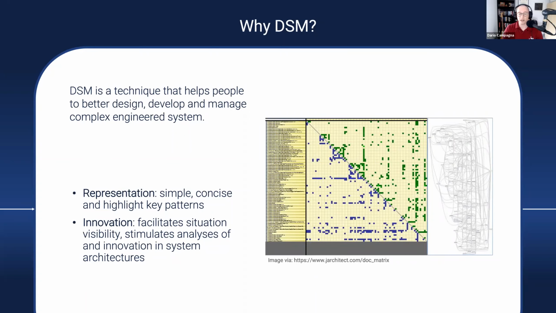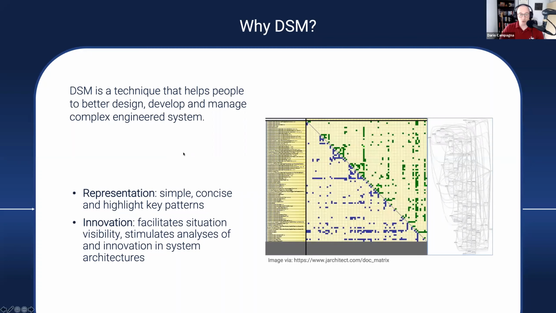At MIT, they started looking at it in the 90s, and it is now considered a technique that helps people to better design, develop, and manage complex engineered systems. So it's primarily used in the area of engineering management, and it's now a generic tool for modeling any type of system architecture.